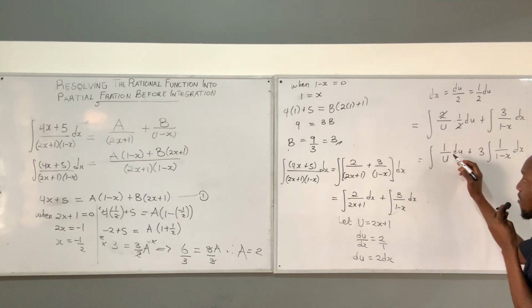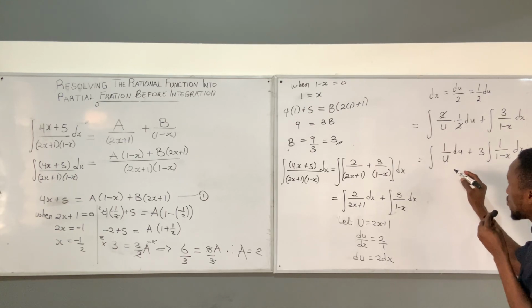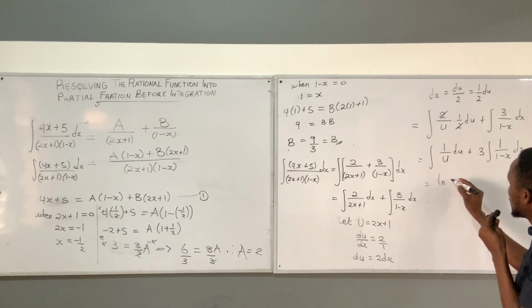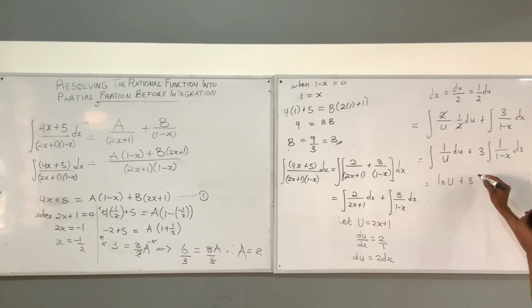So the integral of anything in the form 1 over a variable will give you the natural log of that variable. So this side, I'm getting what? The natural log ln u plus 3 ln 1 minus x plus k. K here is the constant of integration.